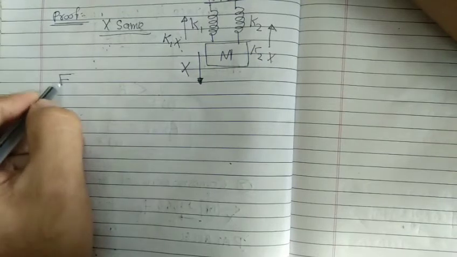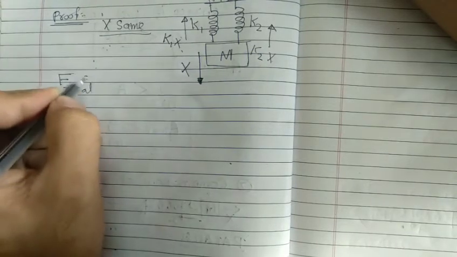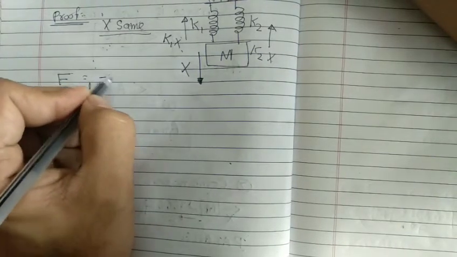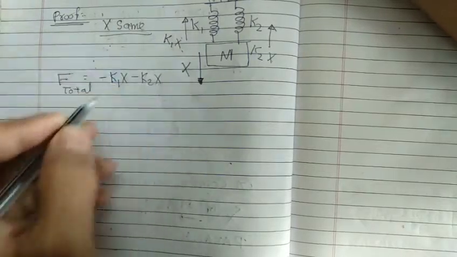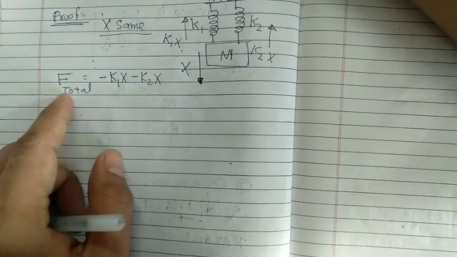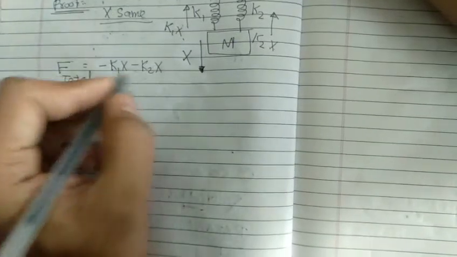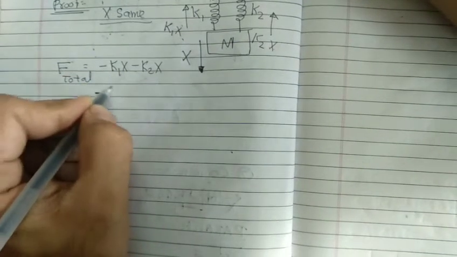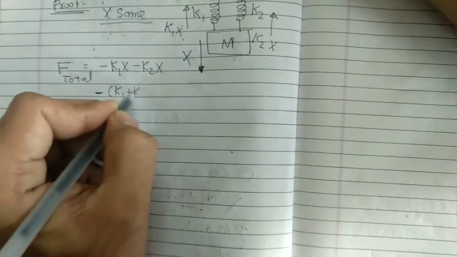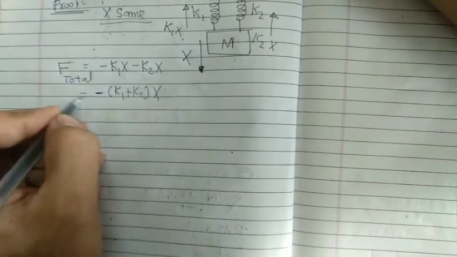So you can see the total restoring force they are producing. How much is it? It's minus k1x and minus k2x. The negative sign just indicates that this force is opposite to the x displacement. Displacement is downward, the force is upward. That is the meaning of the minus sign. If you take minus common, it's minus (k1 plus k2) into x.